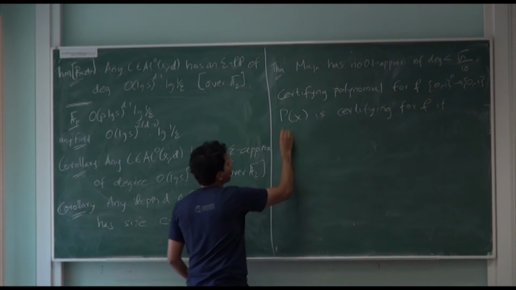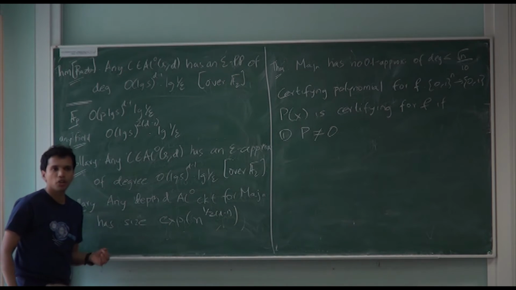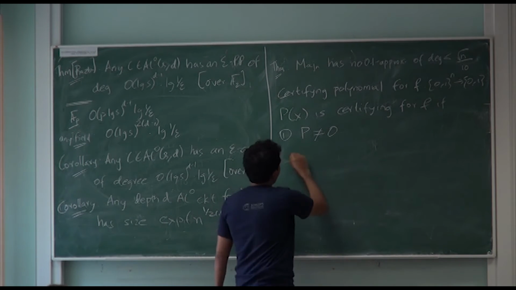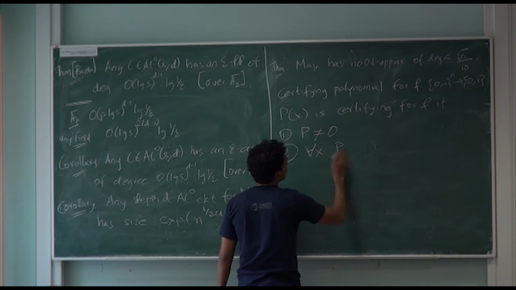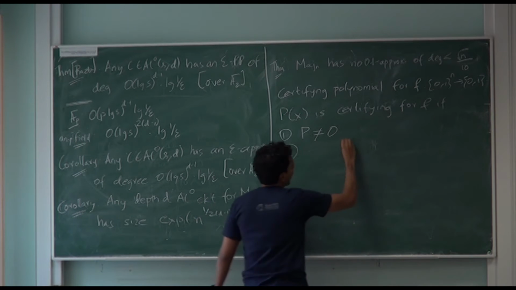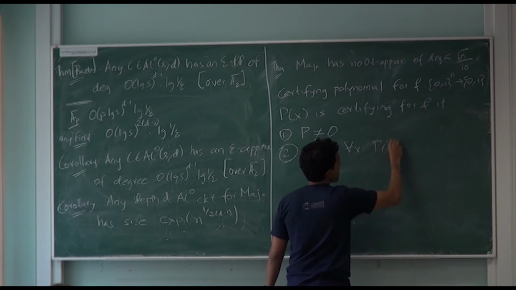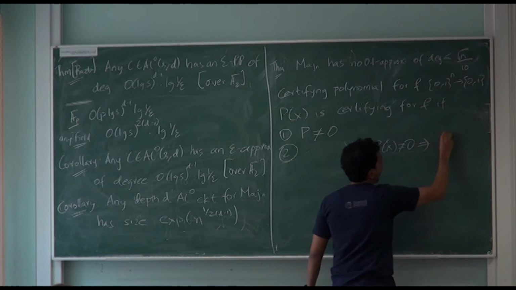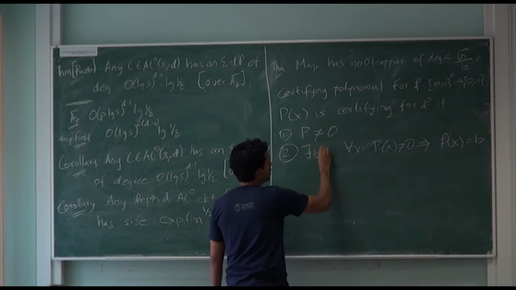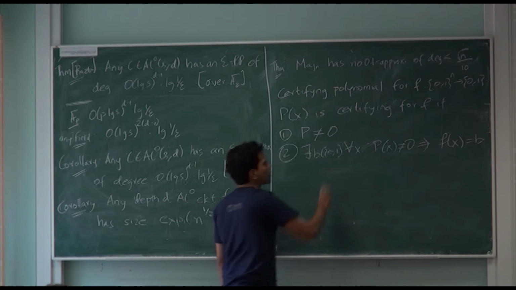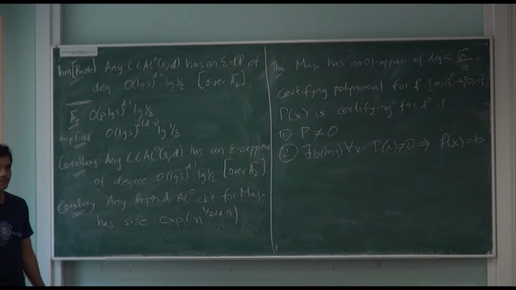The first is that P is a non-zero multilinear polynomial. And the second is that there exists a b in {0,1} such that at every point where P is non-zero, f takes the value b.